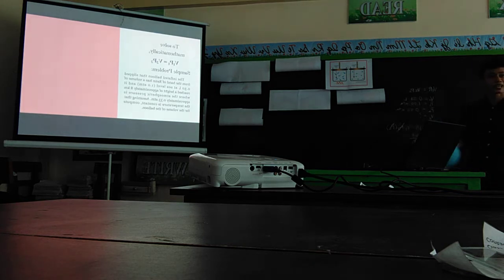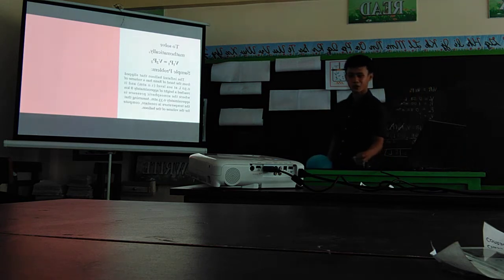Do you have the same formula? Okay, very good. So let's substitute. What is the value of V1? 0.50 liter times P1, 1 ATM, over P2, 0.33 ATM. So V2 is equal to what? What's your answer? Okay, very good. So 1.5 liter.